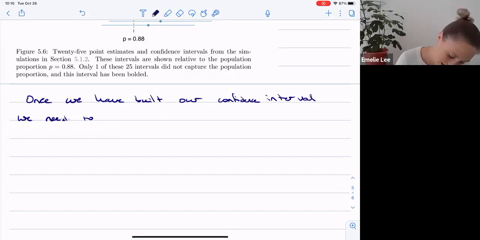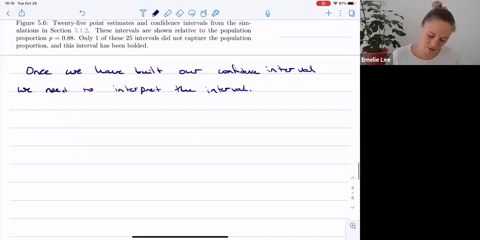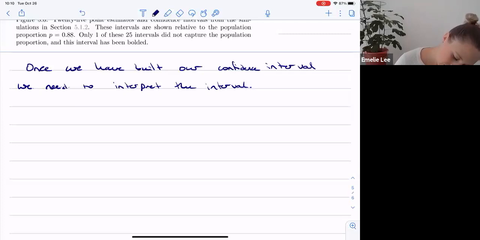We need to interpret the interval. The most important thing is that we are some percentage confident that the interval captures the parameter.